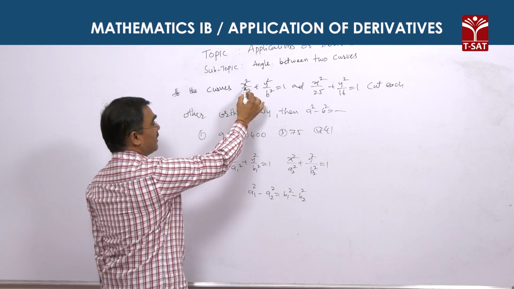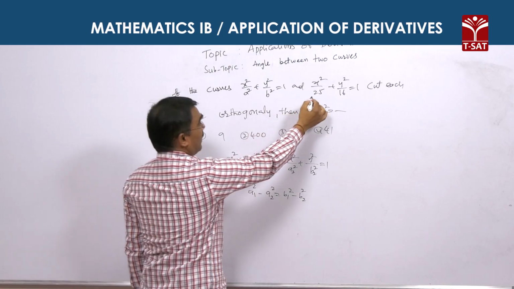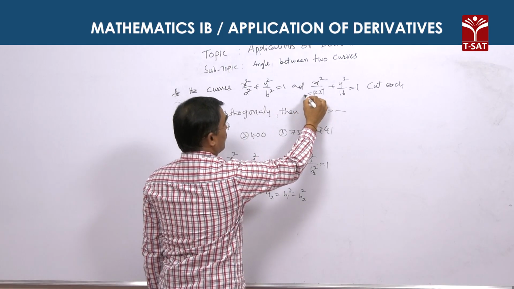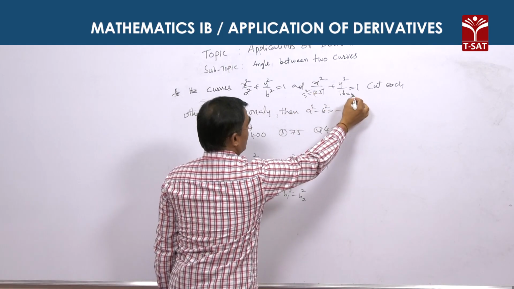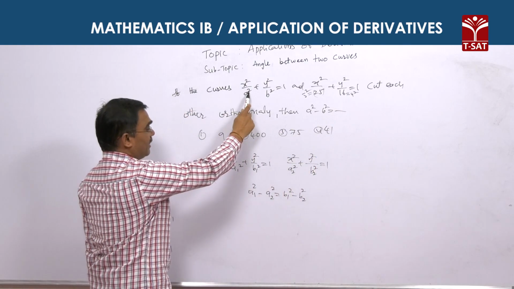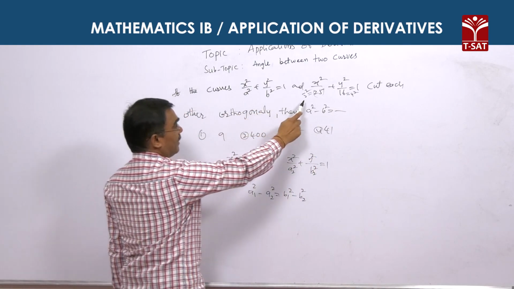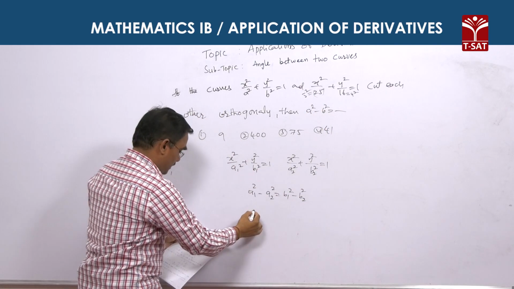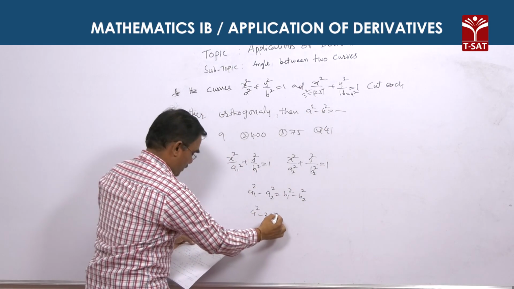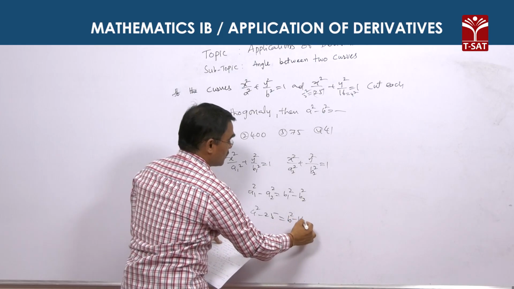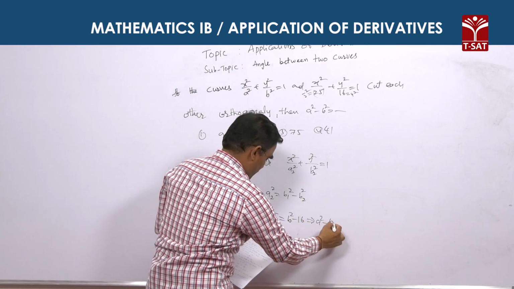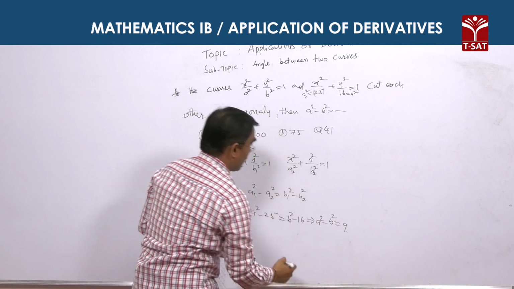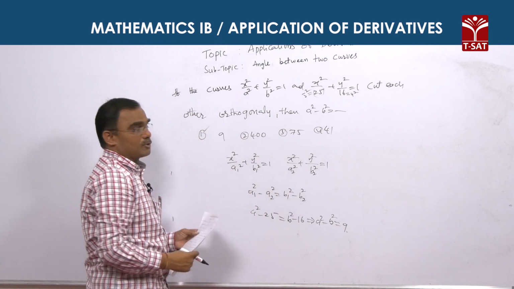Here a1 is a and b1 is b, a2 is 5 and b2 is 4. So a square minus 25 is equal to b square minus 16, which implies a square minus b square is equal to 9. 9 is the correct response.